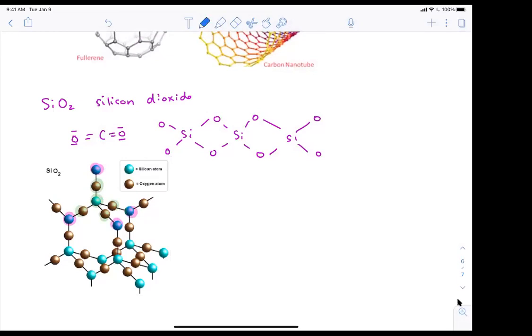That's why it's SiO2, because it's really Si2O4, which reduces down to SiO2. So the number of silicons and oxygens is a 1:2 ratio in the entire structure. And it does form a tetrahedral structure, much like diamond. That's why it is very hard. And we know this commonly as quartz.